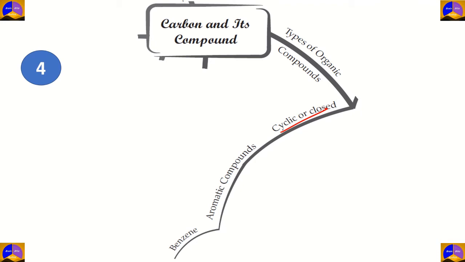So a cyclic compound is a compound which has a closed chain. So it forms a ring-like structure. Cyclic compounds can have two types. So if you look at cyclic compounds, they can be written as alicyclic and aromatic compounds.